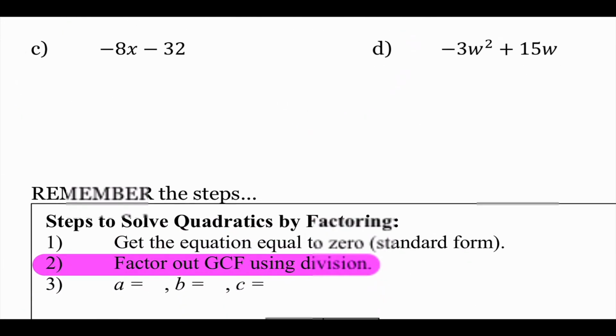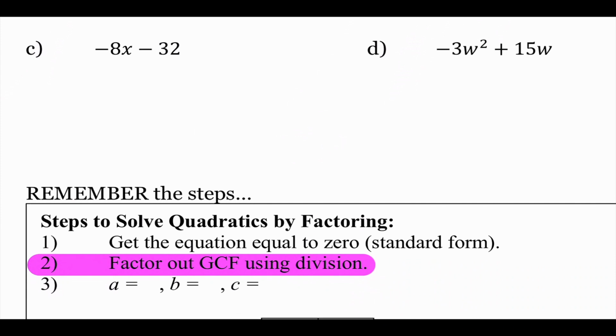C and D. So let's do C first. Okay, so with GCF, if you have a negative in front, it's always good to divide by not only a number, but a negative. So I'm going to divide by a negative here. Now, besides the negative, what's the biggest number that goes into both? Let's see, 2, 8.